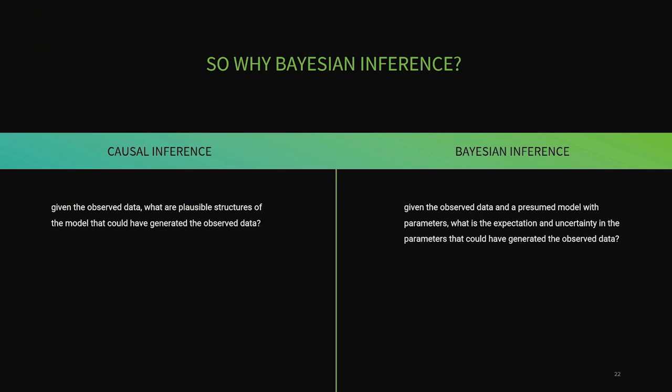And so why Bayesian causal inference versus just causal inference? Causal inference says, given the data, what are plausible structures of the model that were generated by this data? The important piece for the Bayesian inference framework is that we are interested in the expectation and uncertainty around the parameters that generated this observed data.